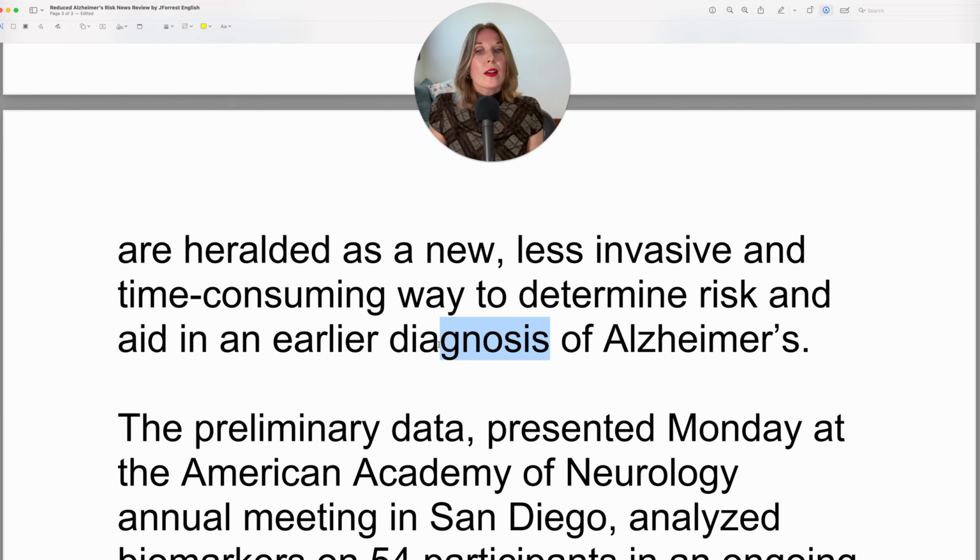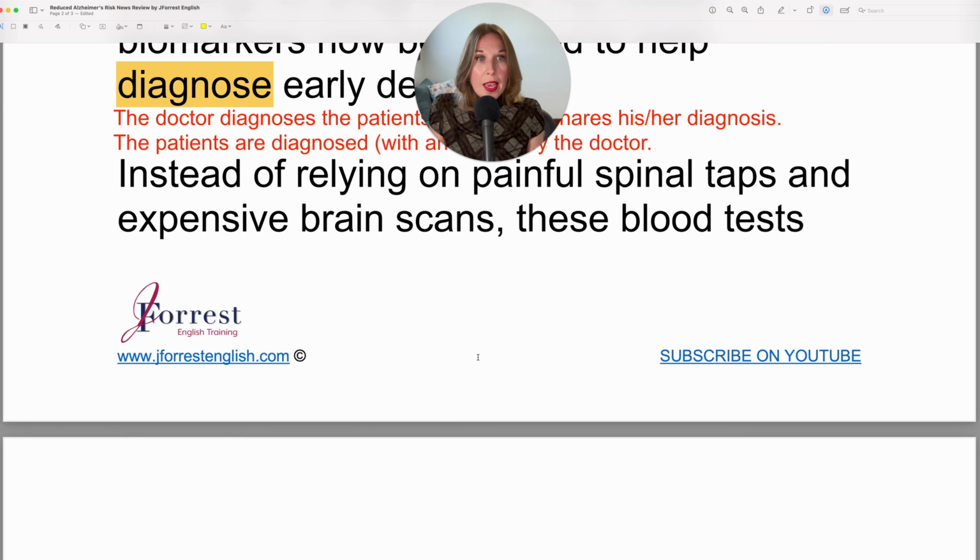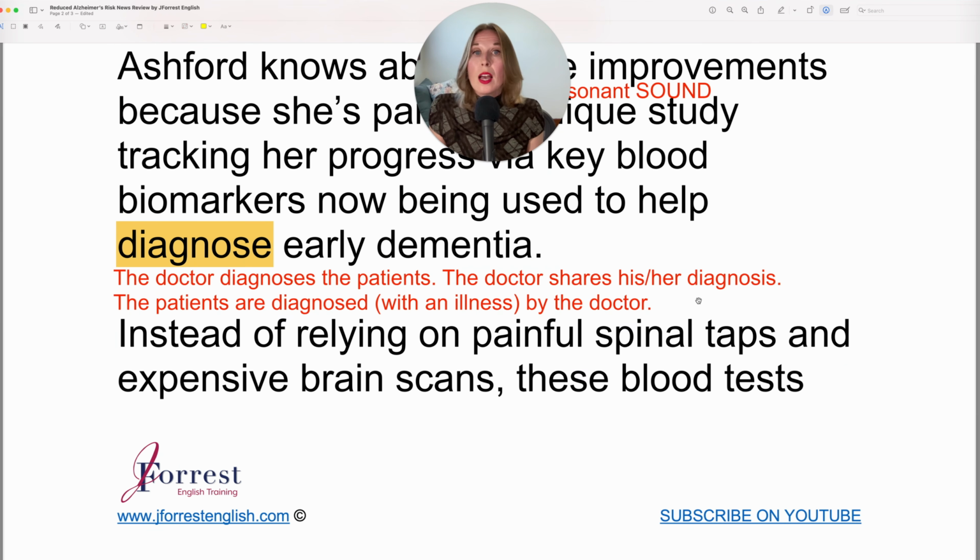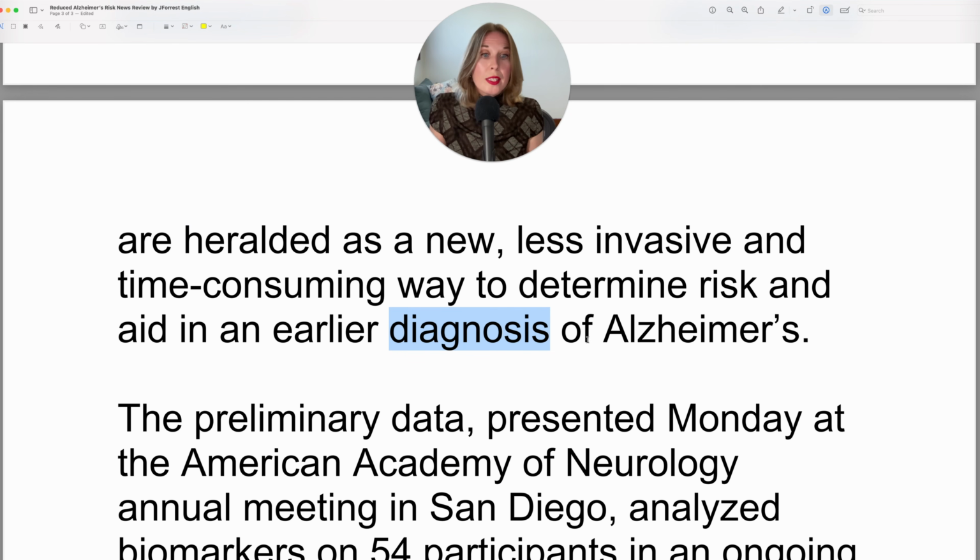So notice here, diagnosis and diagnosed. So diagnosis is the noun form, like we saw here. Diagnosis of an illness, diagnosis of Alzheimer's.